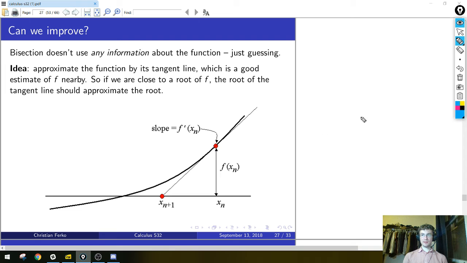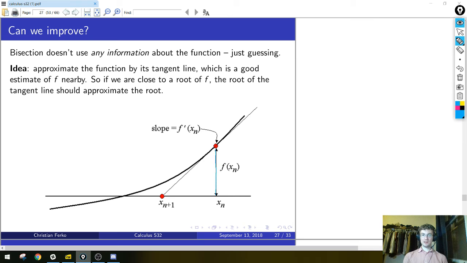So here's the idea. Suppose you have a guess, which we'll call x sub n. n is going to be an index because we're going to keep improving the guess as n gets larger. But you have this guess x sub n for where the root should be. And rather than picking some random point halfway between x sub n and some endpoint, you do the following.